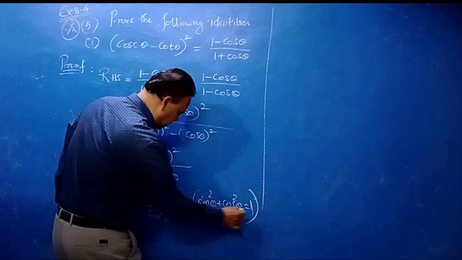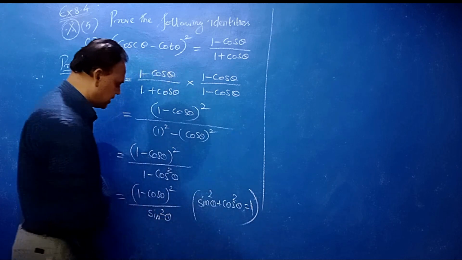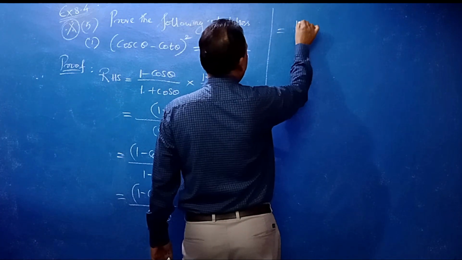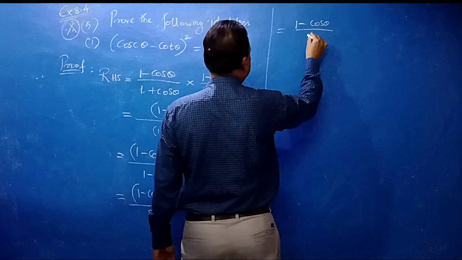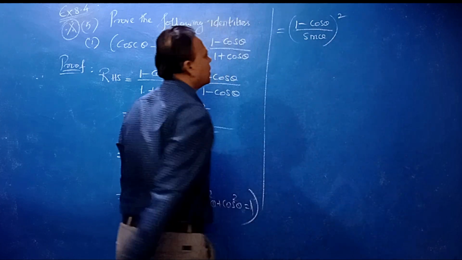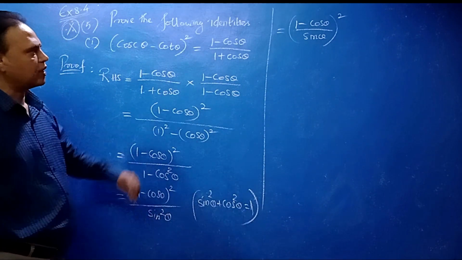If you remember this formula, you can easily write 1 minus cos square theta, that is, you bring this to the other side, and you will get sin square theta. Now both are squared, so you can write the common 1 minus cos theta by sin theta whole square. Understand? Whole square you can do.